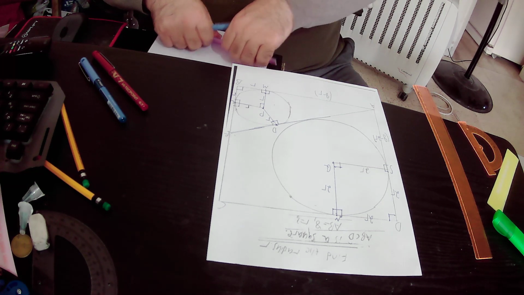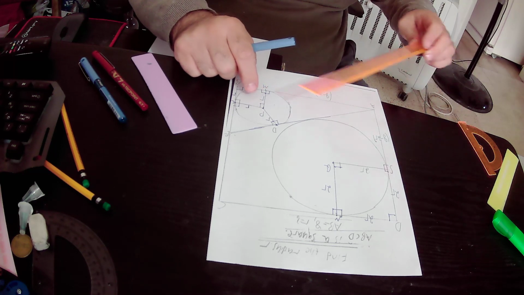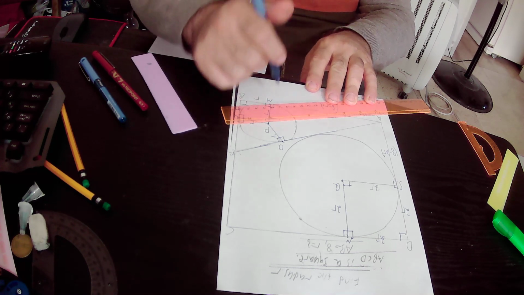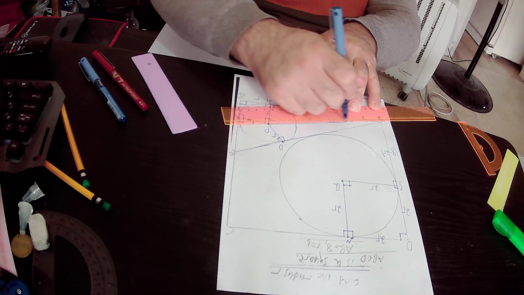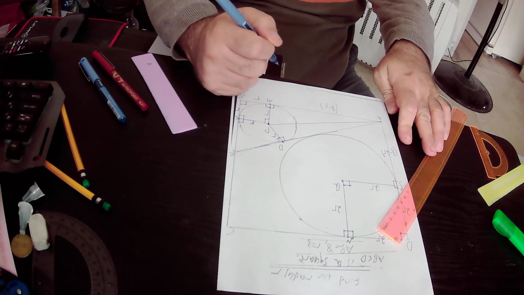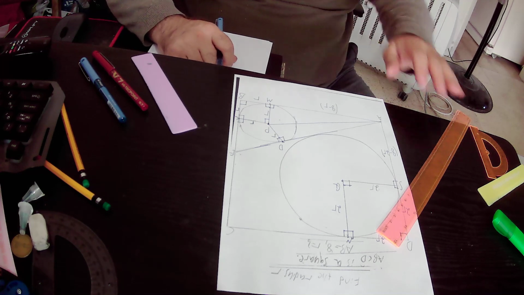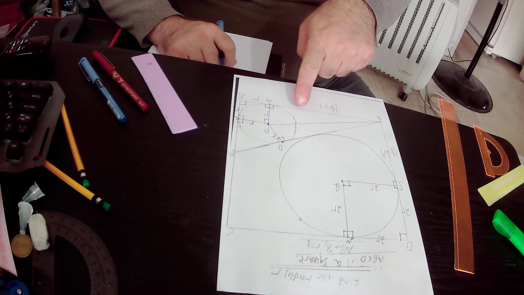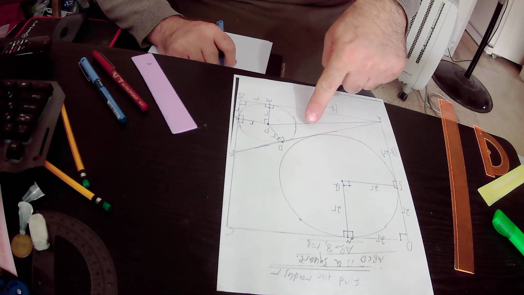Okay, so in the next step, we will join together points P and A by a straight line. And we will prove that the right triangle AMP is congruent to the right triangle ADP.